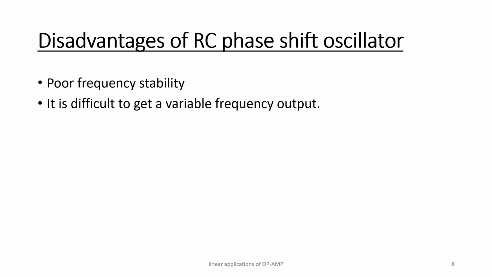The frequency of the sinusoidal output of this oscillator is not stable as it depends on the values of R and C, which can change due to factors such as temperature, humidity, aging, etc. And second, it is difficult to get a variable frequency output because to change the frequency, we need to vary all the resistances and capacitances connected in the feedback network simultaneously, which is practically very difficult.